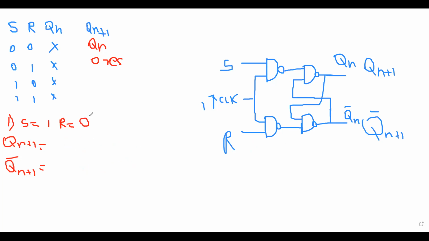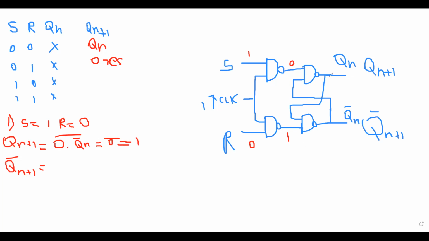1, 0 condition. Here we get 0 and here we get 1. 0 into Qn bar whole bar. 0 and anything is equal to 0, and 0 bar is equal to 1.